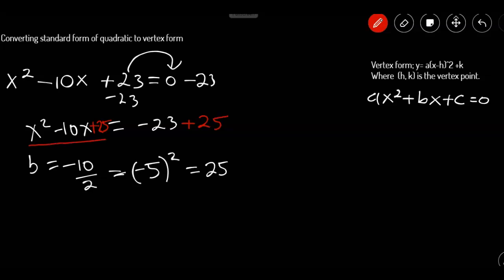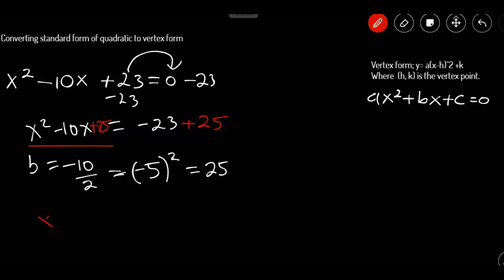And we realize that the left hand side becomes a perfect trinomial. So we look for numbers that when we multiply, we get positive 25, and when we add, we get negative 10. We realize that it's going to be negative 5 repeated. In our next example, we will not be doing all that, because we realize that anytime we divide b by 2, that number is the one that becomes the repeated perfect trinomial.